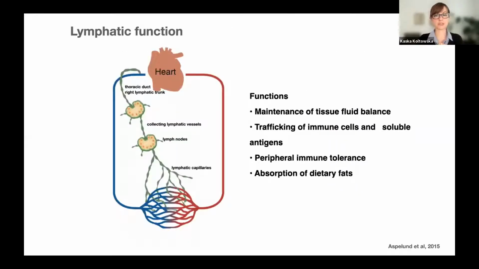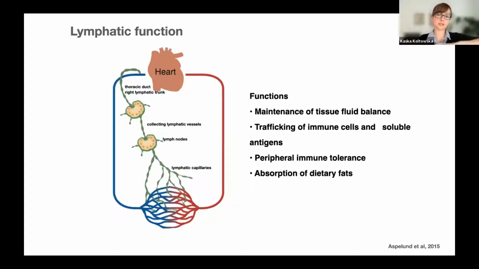So what is the function of lymphatic vessels? I already mentioned it's really important for maintaining tissue homeostasis and fluid balance, but it's also important for trafficking of immune cells, for immune tolerance, and absorption of fat in the gut. And this is done by specialized lymphatic vessels called lacteals.